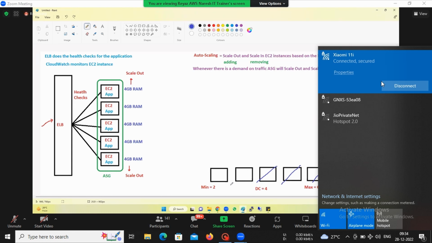Is that clear? Understood what is minimum, maximum, and desired capacity, everyone?